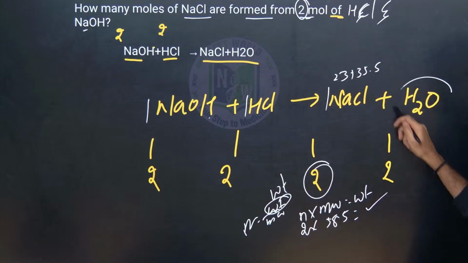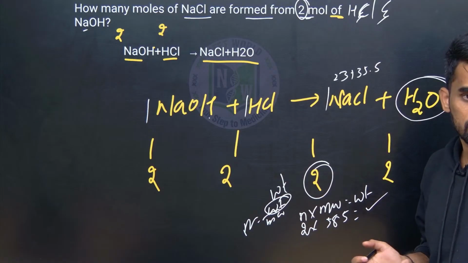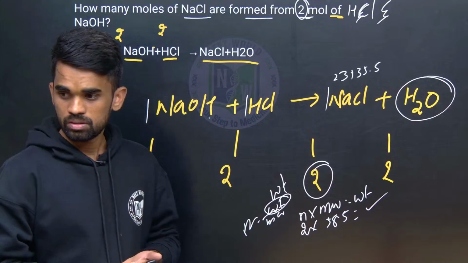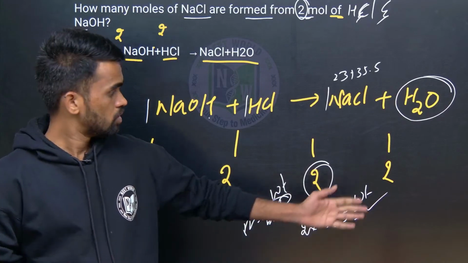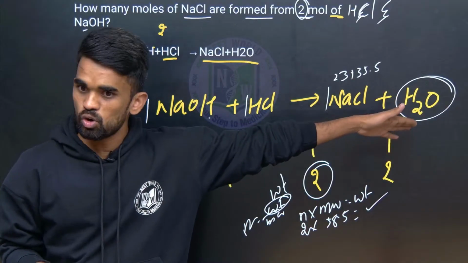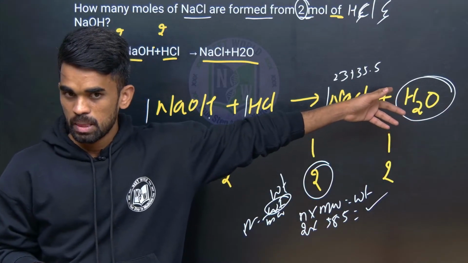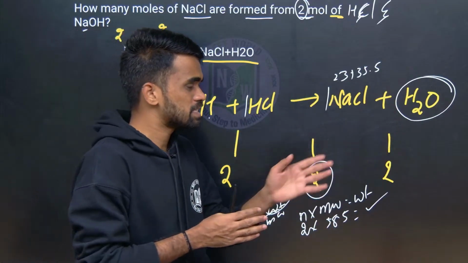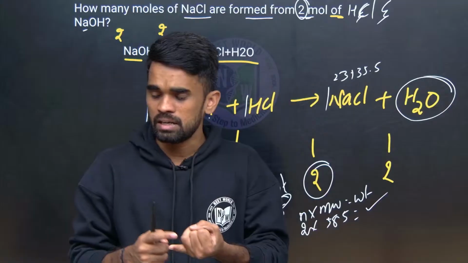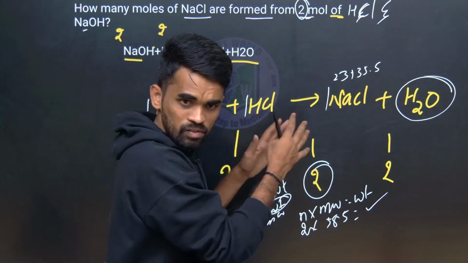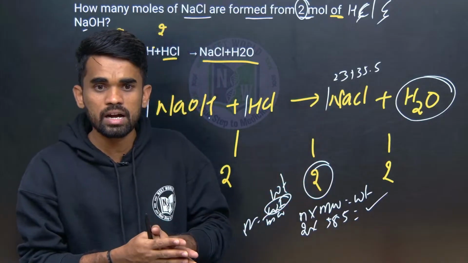One more thing. If they ask for water, what is the weight of water formed? 2 into its molar mass. What is its molar mass? 18. For very basic things like water, carbon, methane, which we use daily, we will be very familiar with them, so you should not think about that.